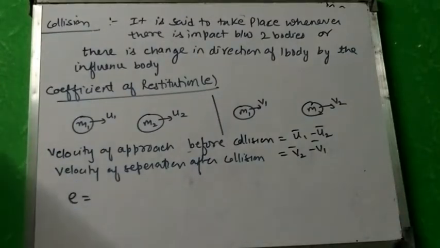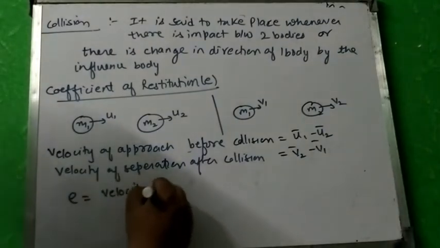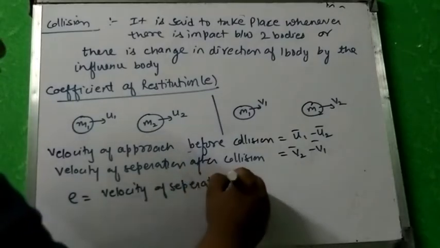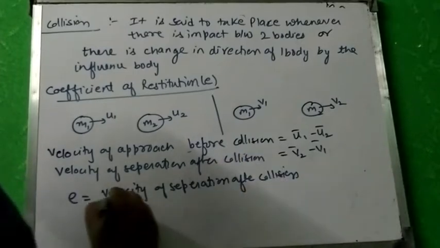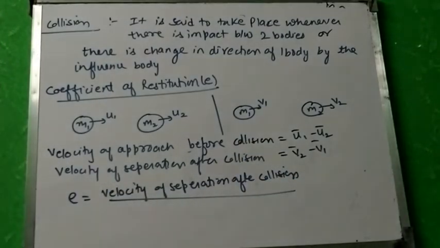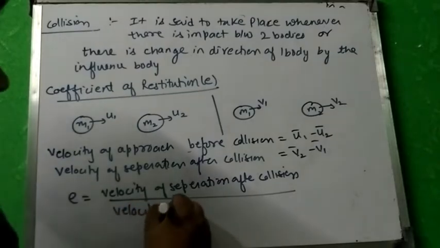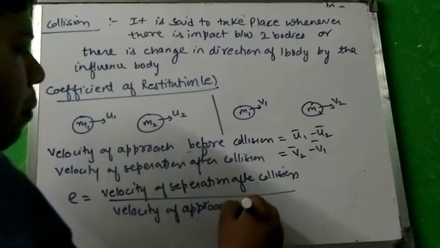It is the ratio of velocity of separation after collision to the velocity of approach before collision.